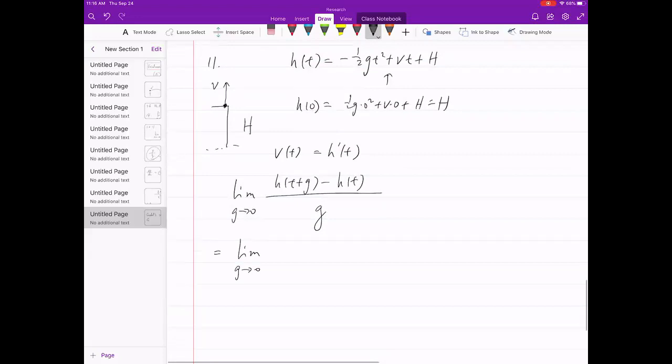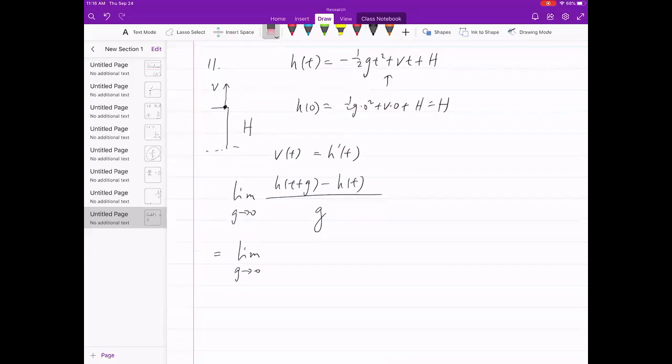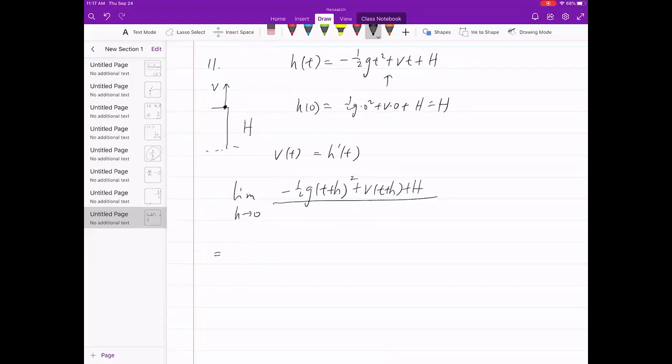The original thing has a g too, so let's change to another name. Let's still use h. I just copy this thing so I don't have to name it. Basically, I put t plus h for the first part and t for the second part, divided by h.